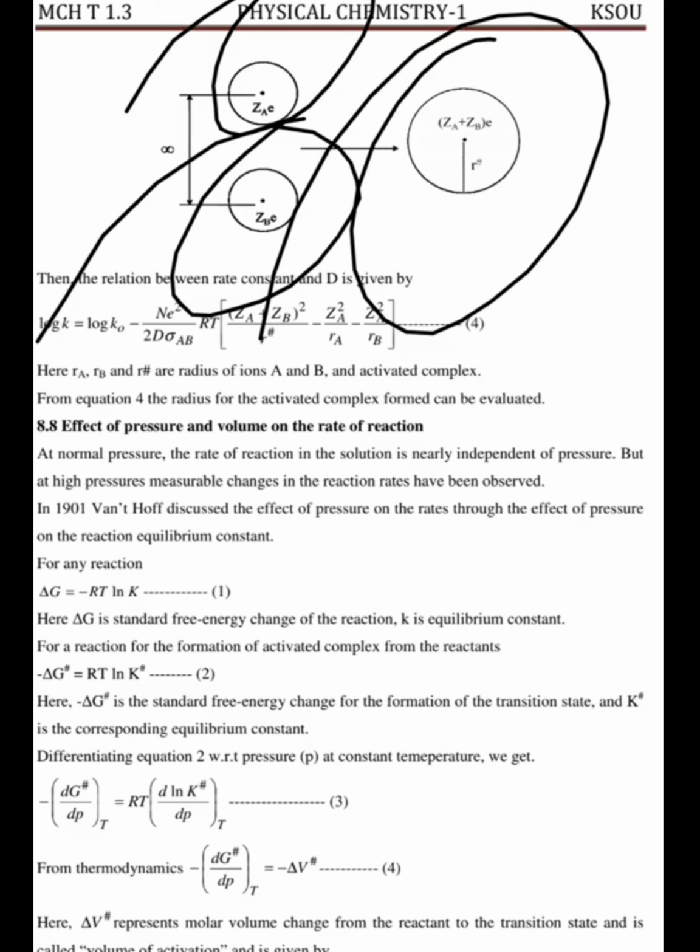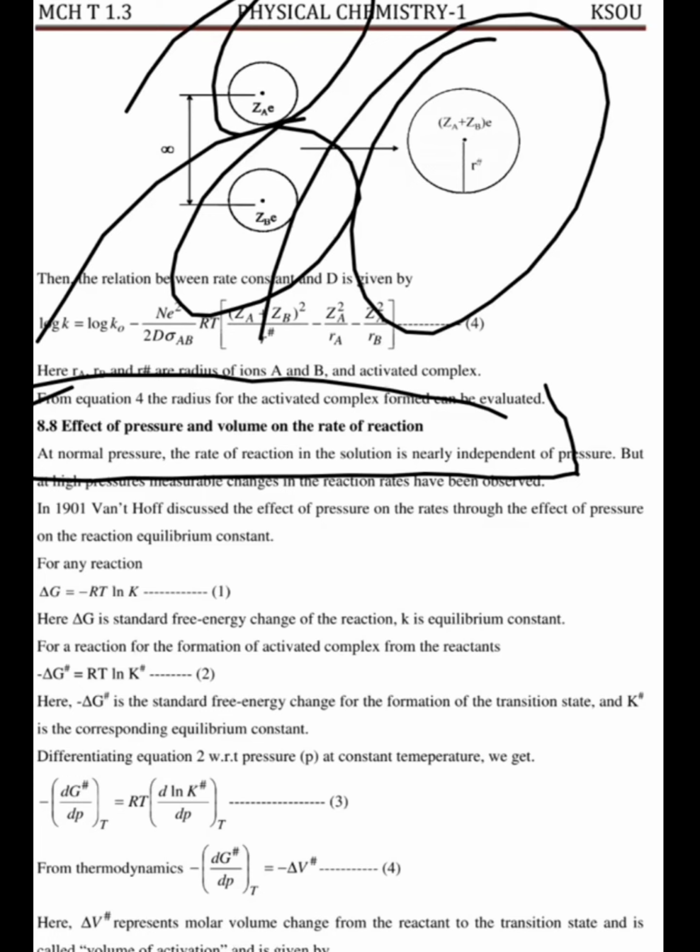Next is the effect of pressure and volume on the rate of reaction. That's why in the beginning of the class I discussed thermodynamics. Thermodynamics is the study of energy transformation and its relation to matter.